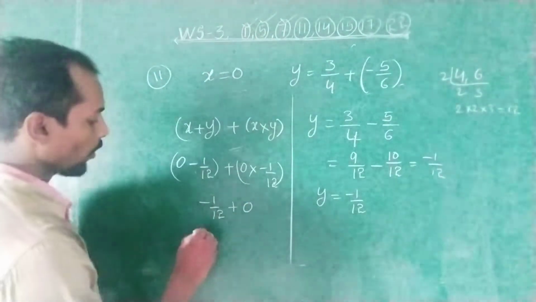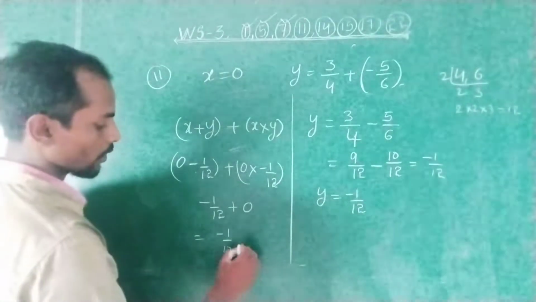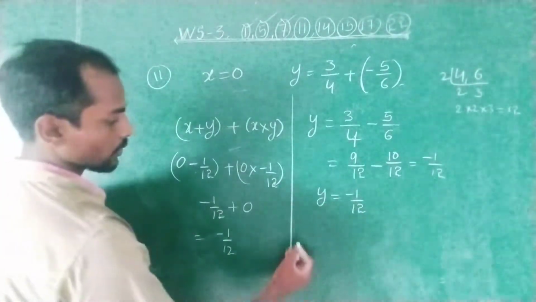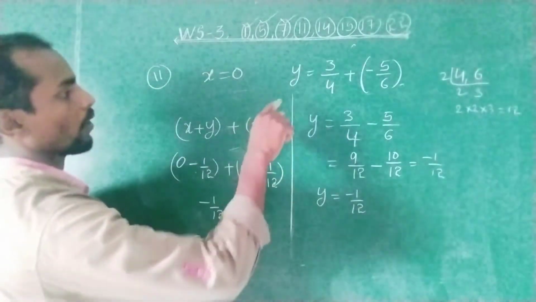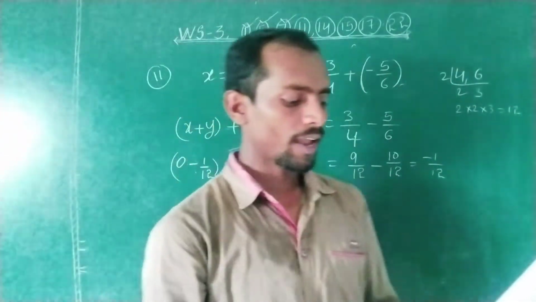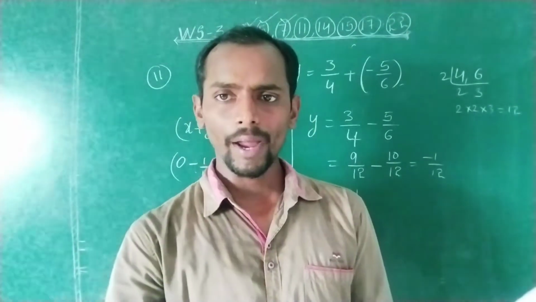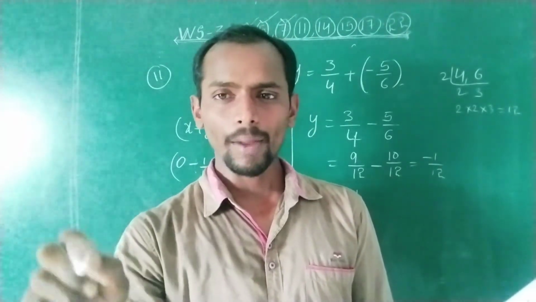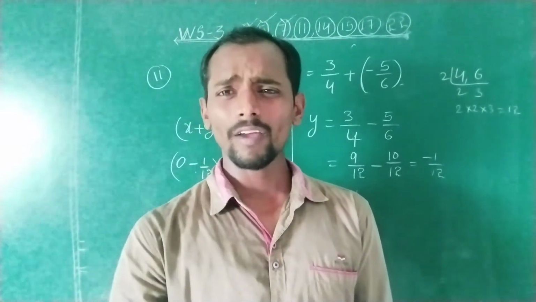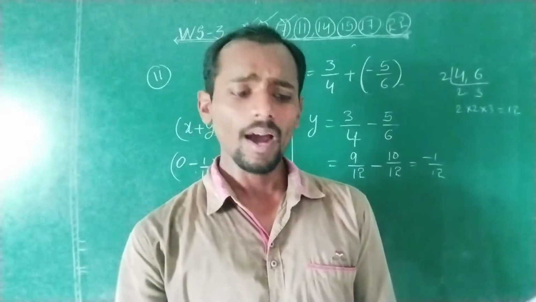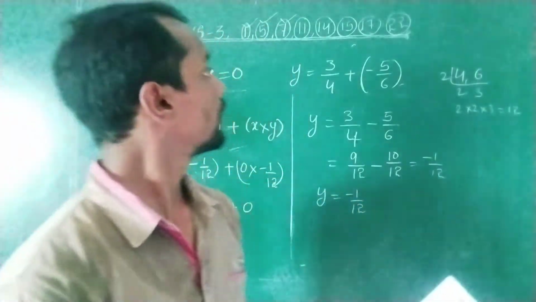So what value did you get? Minus 1 by 12, which is also equal to the y value. So here y equal to minus 1 by 12. Your options are given like this. Option A 2y, option B minus y, option C minus 1 by y, option D y. Here the y value again came, that's why option D is the correct answer. Next question.